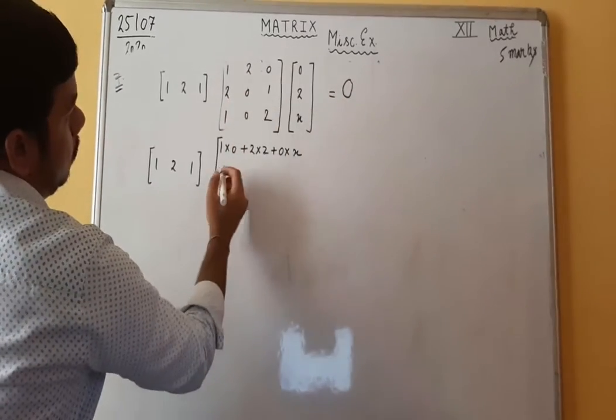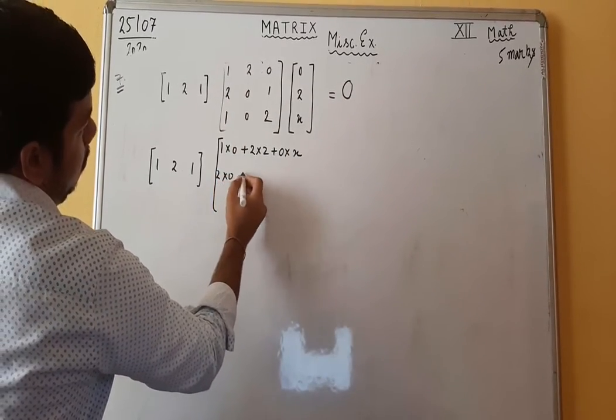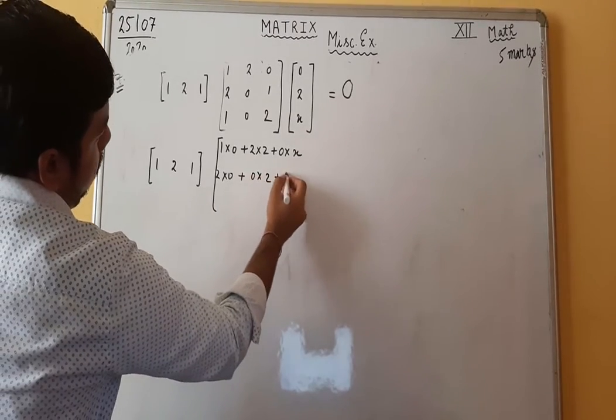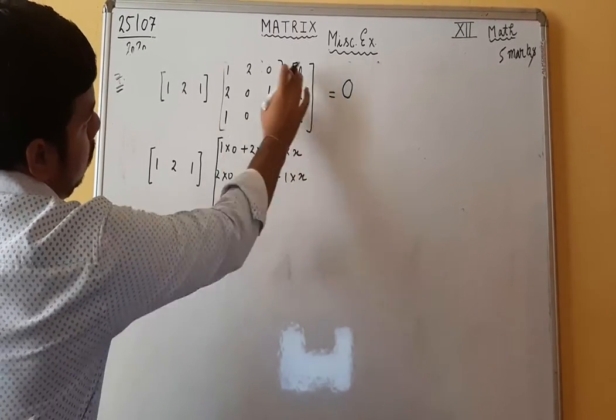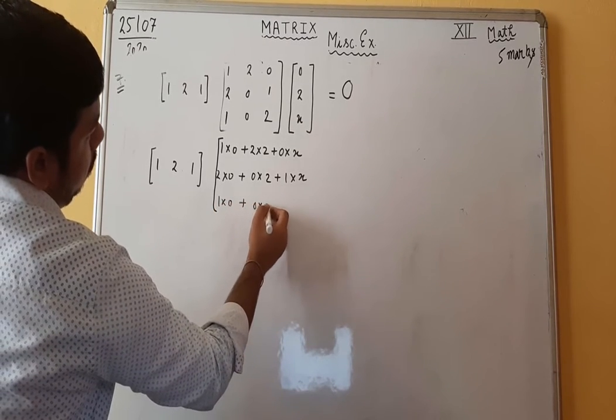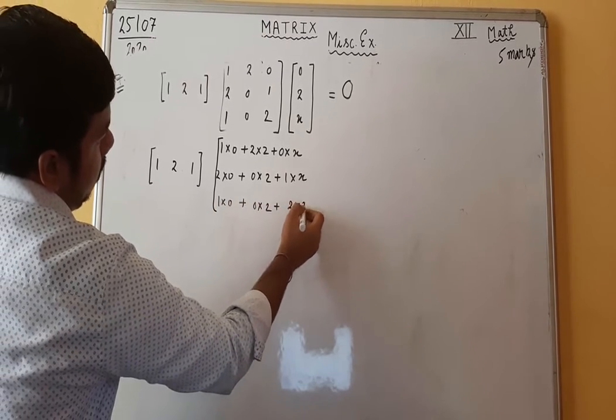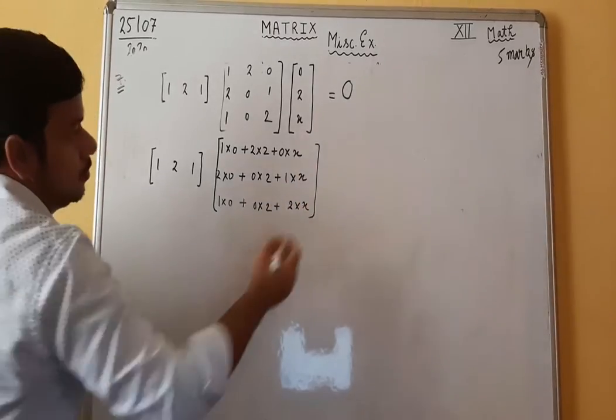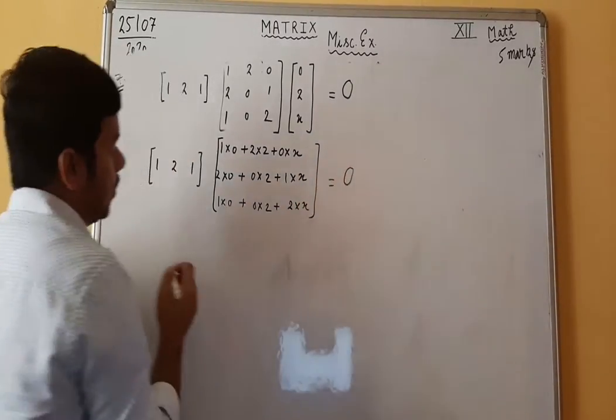Second row, first column: 2 into 0 plus 0 into 2 plus 1 into x. Now third row, first column: 1 into 0, 0 into 2 plus 2 into x. Right? Is equal to the matrix 0.